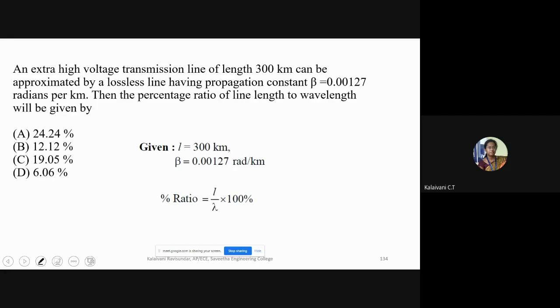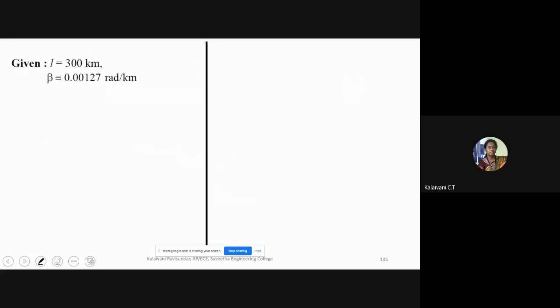So L by lambda. L is given. If we find lambda, we'll get the solution. How to find lambda when beta is given? The relationship between beta and lambda is beta is equal to 2 pi by lambda. So lambda is equal to 2 pi by beta.